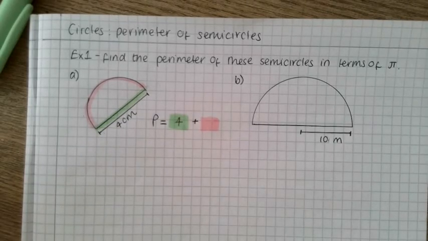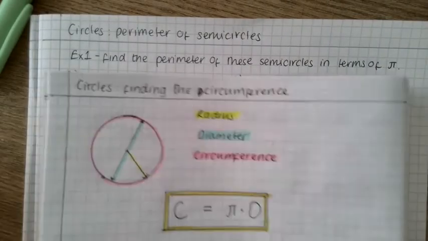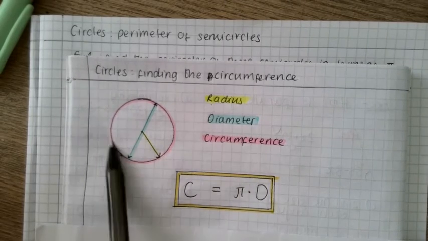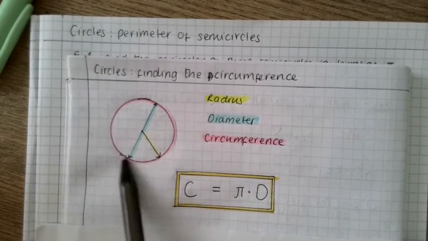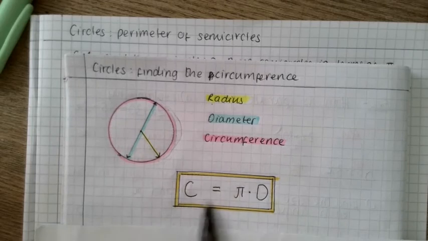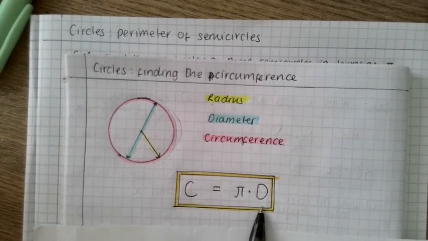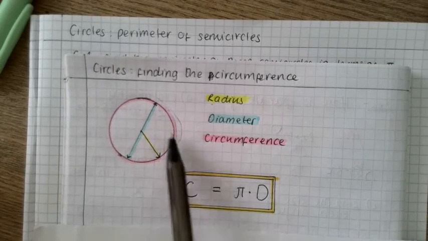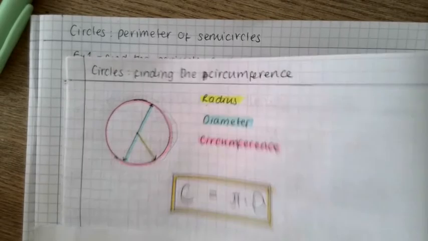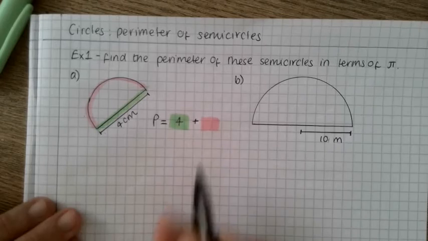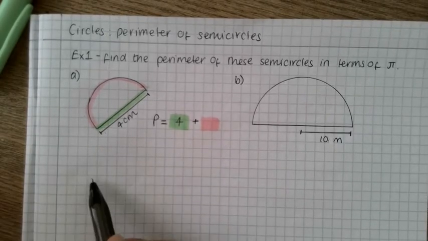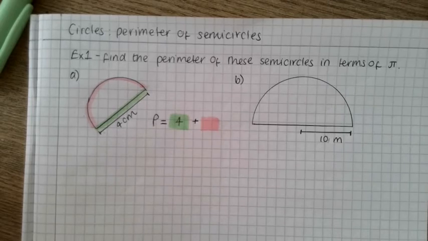And we learnt last lesson that to find the circumference, the length around a circle, we use the formula pi d. Okay, and that gives you the length of the line all the way around a circle. We've got a semicircle though. So to get the pink length, I need to do pi d, a full circle, but I need to half it.